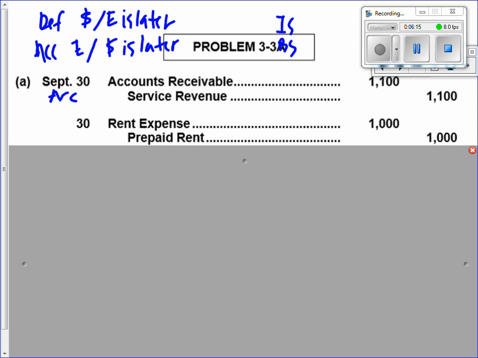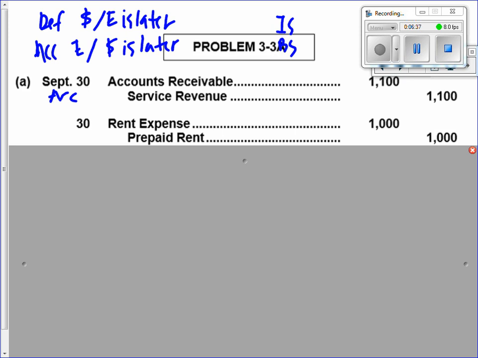It started at $2,200. It went down to $1,200. How much did we use? $1,000. Well, as we use what we prepaid for rent, like we maybe rent from someone. We're not a rental agency. We are renting, maybe an apartment, an office building, whatever.